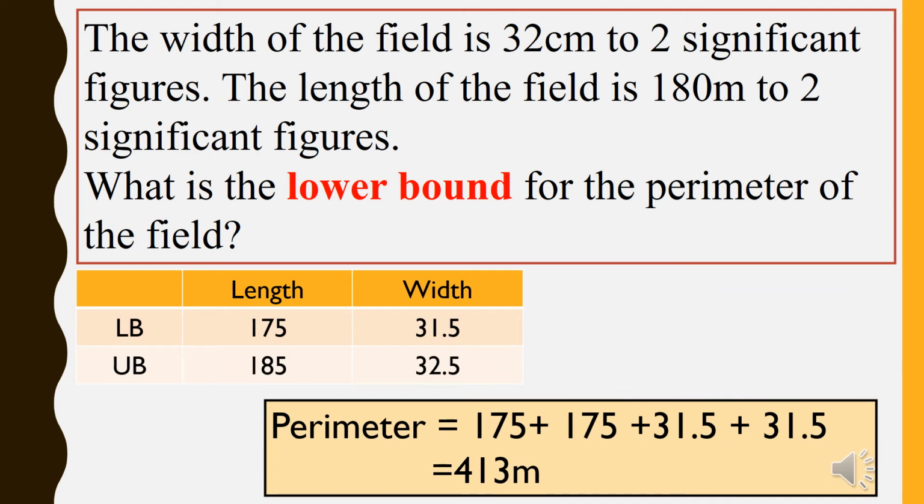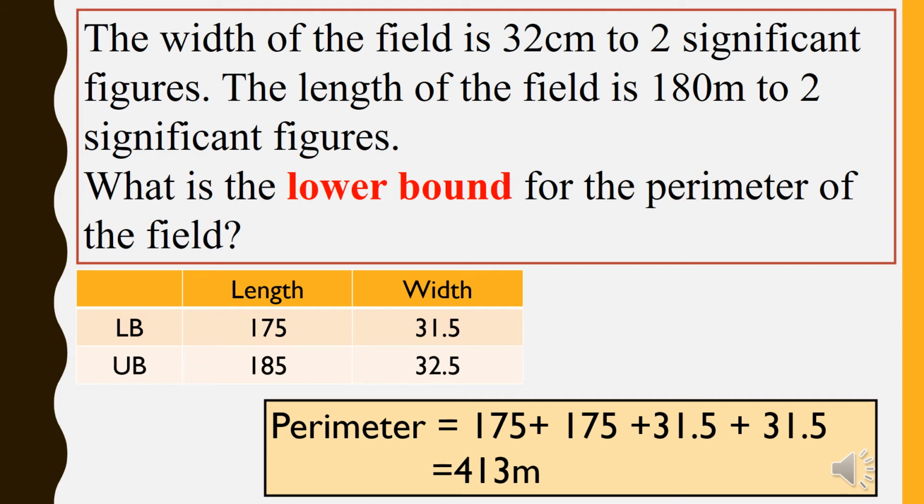The width of the field is 32 centimeters to two significant figures. The length of the field is 180 meters to two significant figures. What is the lower bound for the perimeter of the field? To find the lower bound of the perimeter of the rectangle, calculate using the lower bounds of its length and width.